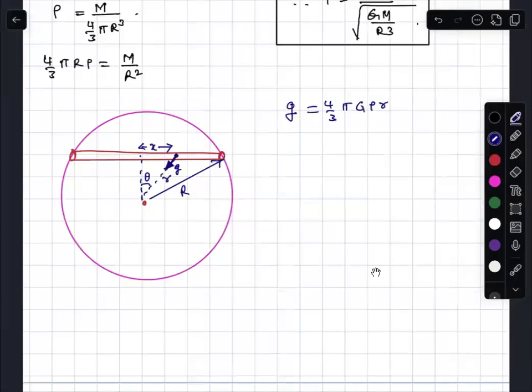Now, the component we will take, this as x-axis and this as y-axis forever.